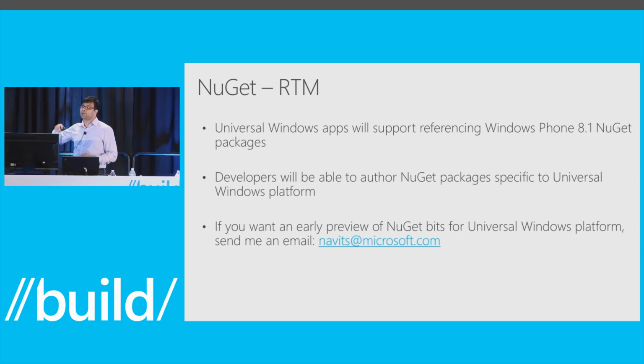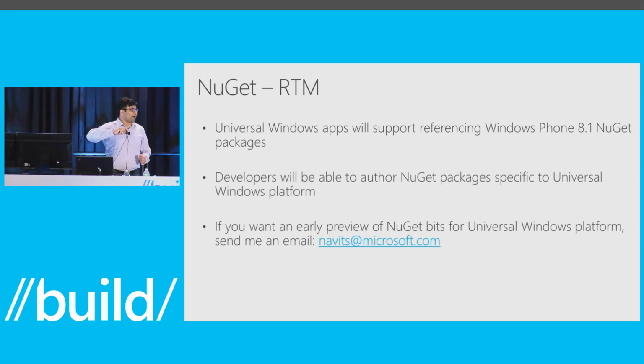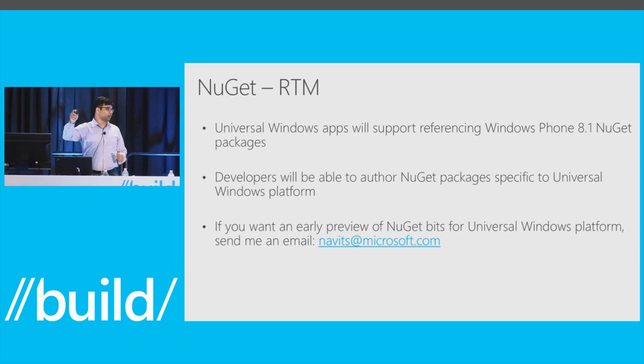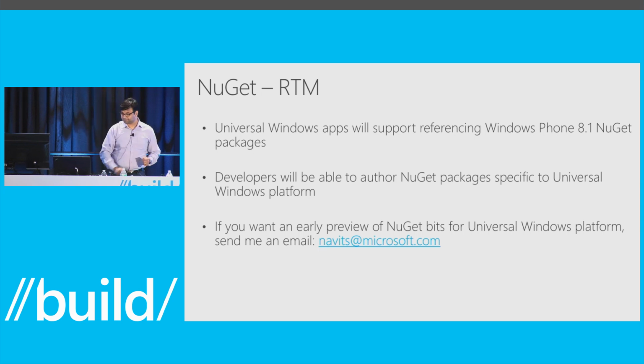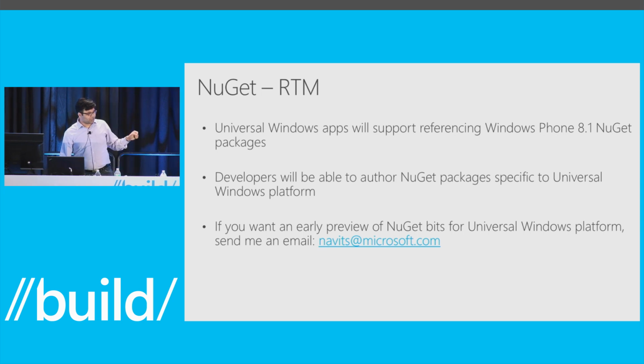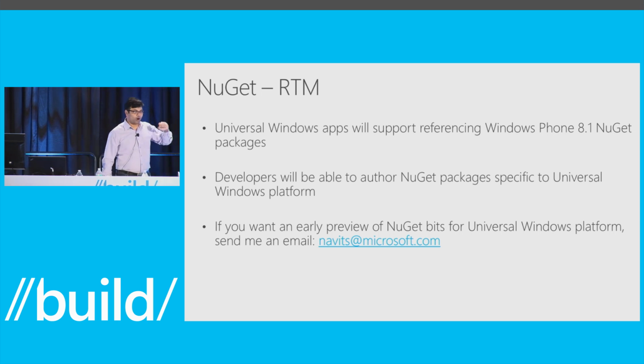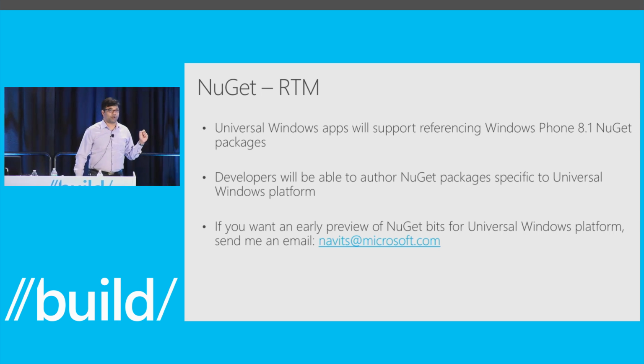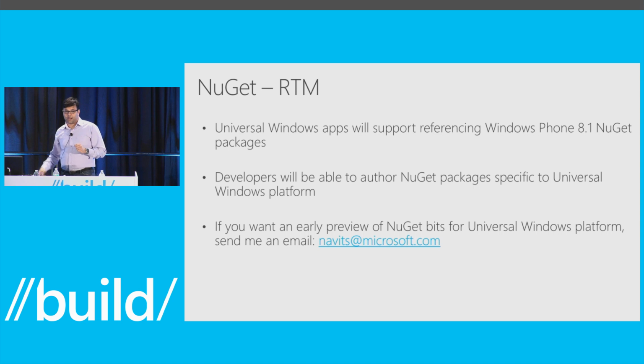Also, developers will be able to author NuGet packages specifically for the Universal Windows platform at RTM. If you are interested in trying some early preview bits for this, and if you want to try some Windows Phone 8.1 NuGet packages, here is my email address. Send the request to me, and I will give you the early preview bits for NuGet that you can try and see if the scenario works for you.